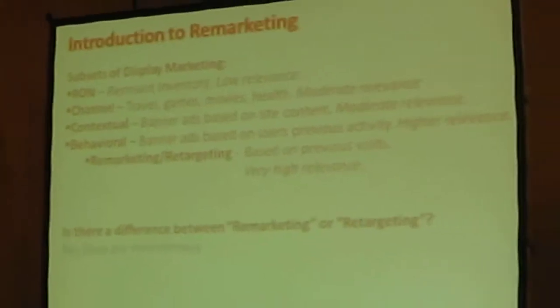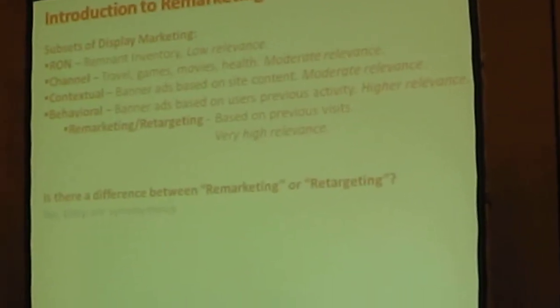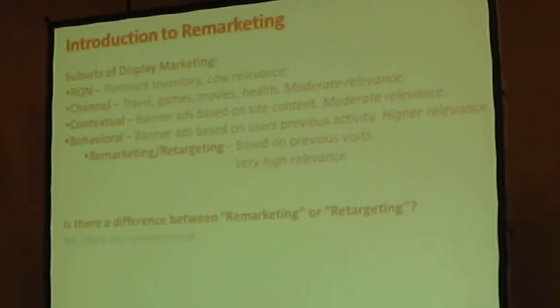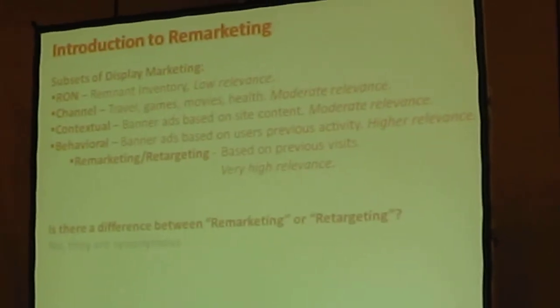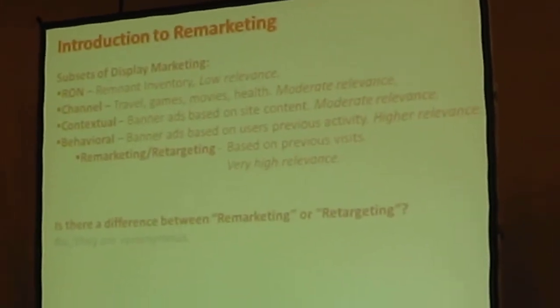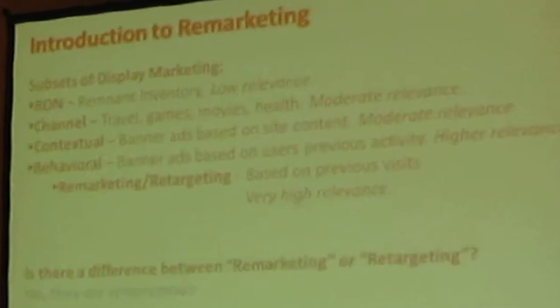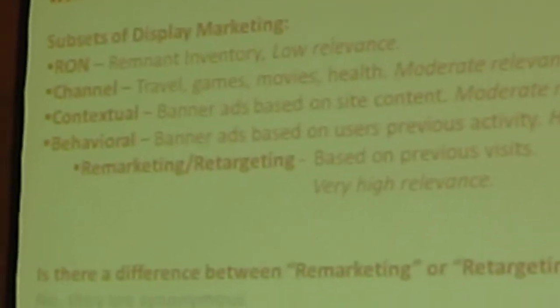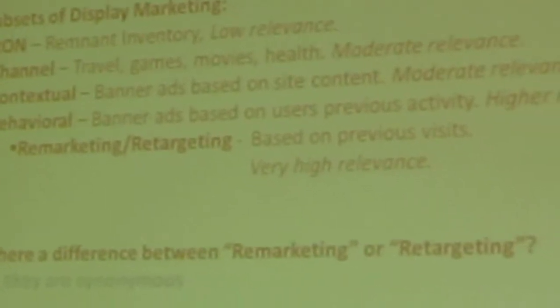There are several types of display that you can buy on the web. There's run-of-the-network, which is highly untargeted. There is channel and contextual, which are pretty similar. You're buying into specific verticals. And then you have behavioral, which is based on users' previous activity.